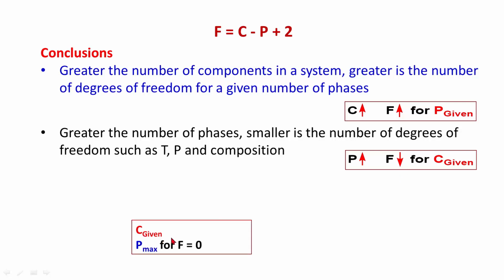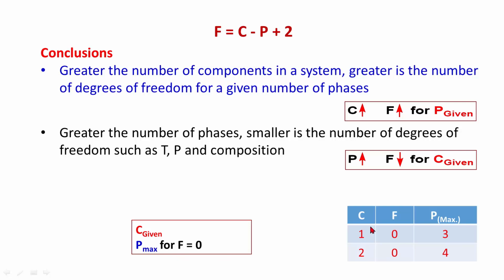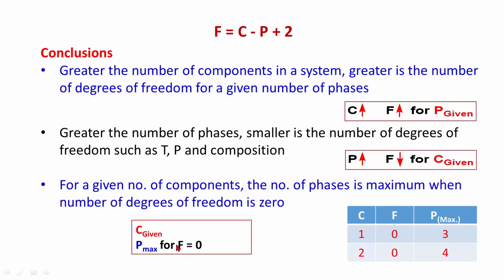For given number of component, P is maximum for F is equal to 0. For component 1, F is equal to 0 when number of phases is equal to 3. For two component system, F will be 0 when number of phases is 4. For a given number of components, number of phases is maximum when degree of freedom is 0.